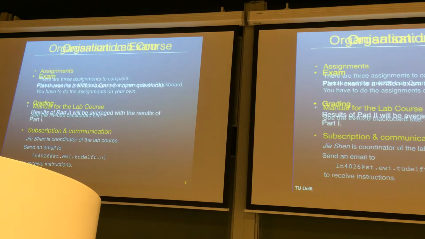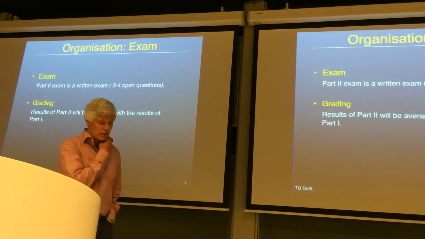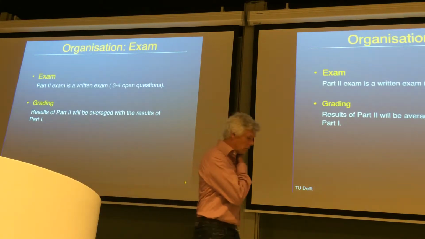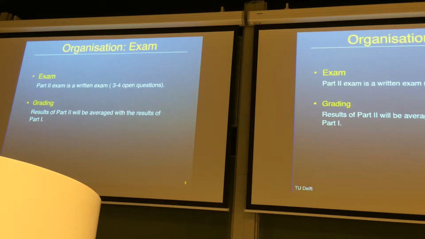Okay. Then we will have an examination of this course, as you might know, and you already completed, of course, part 1, hopefully. This part will be examined separately. You will receive a mark for it, and the final grade for the course is an average of these 2 marks.